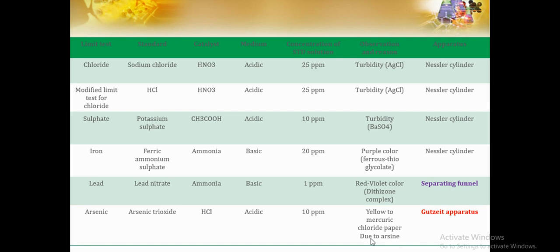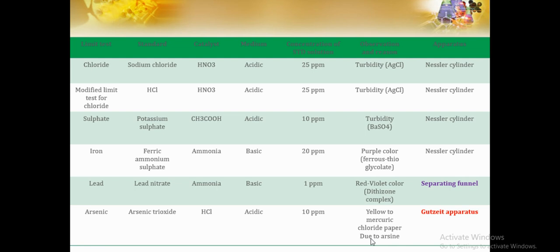In limit test of arsenic, we observe the yellow color on mercuric chloride paper because of the arsine gas evolved during the reaction in Gutzeit apparatus.